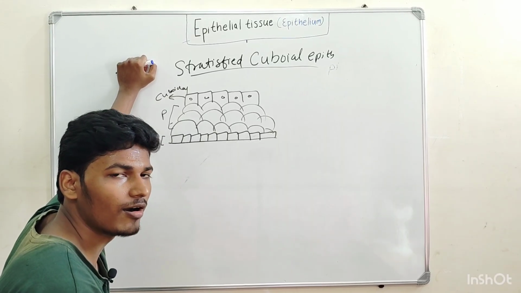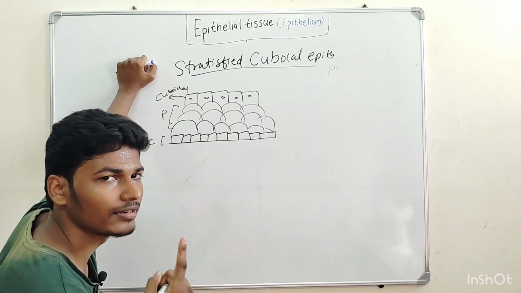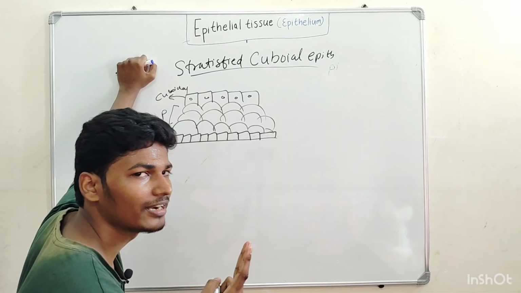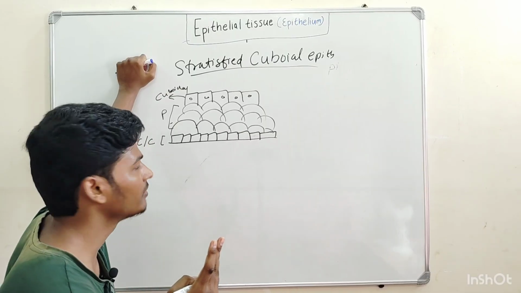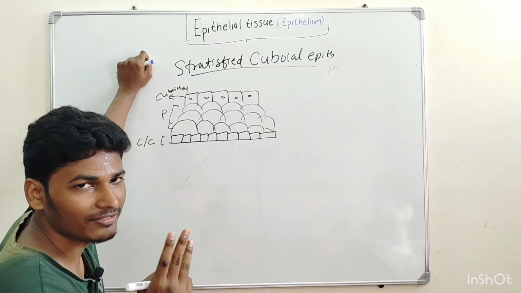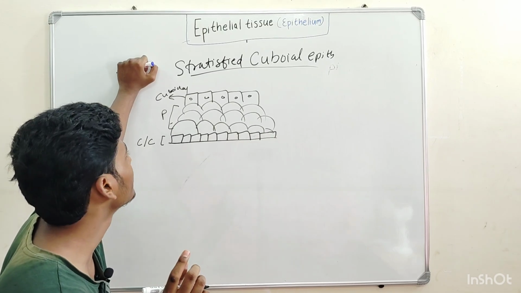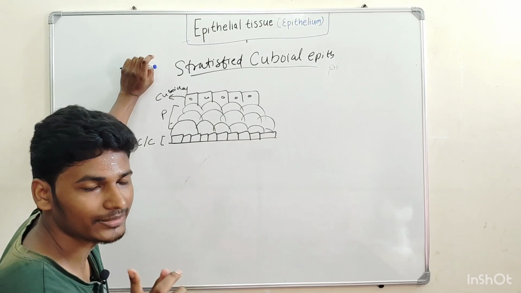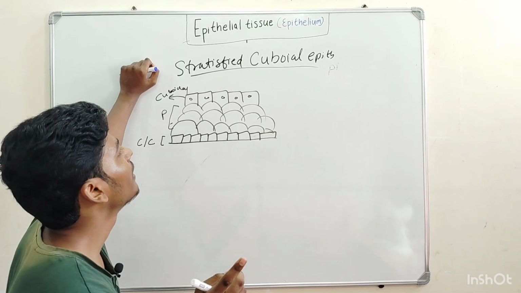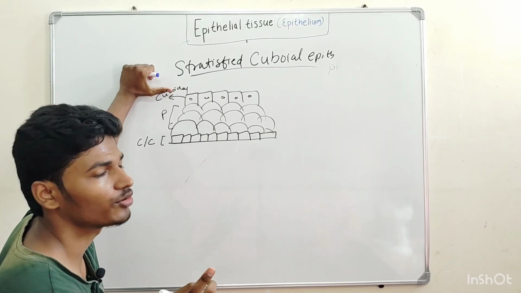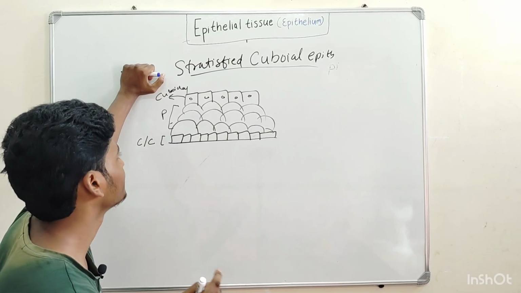Actually, in all stratified epithelia like stratified cuboidal, columnar and squamous, everything is the same. The only difference you see is on the basis of the apical layer. In stratified squamous epithelium, the apical layer was squamous cells, and here the apical layer is cuboidal cells. That's why it is called stratified cuboidal epithelium.